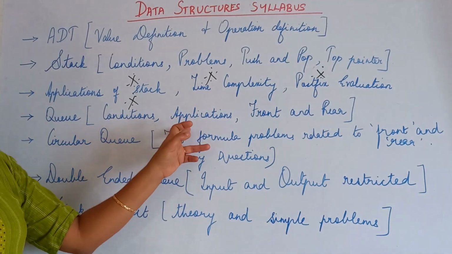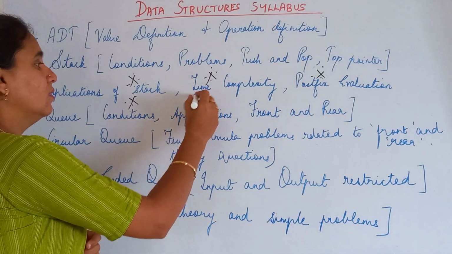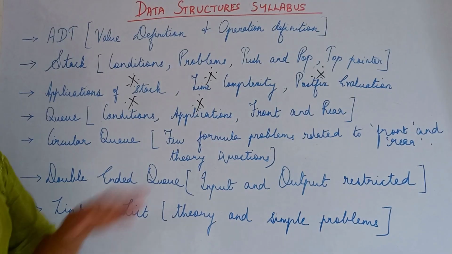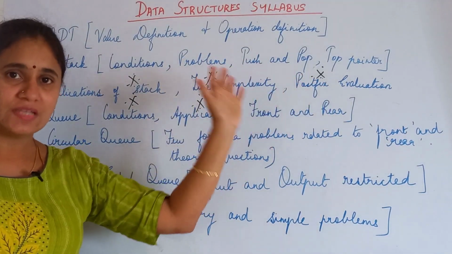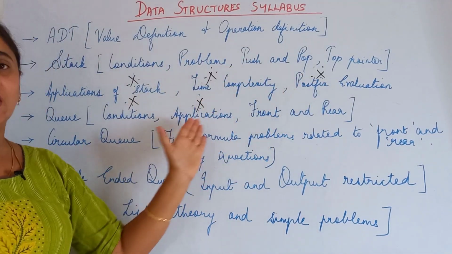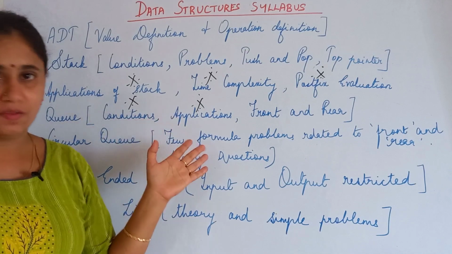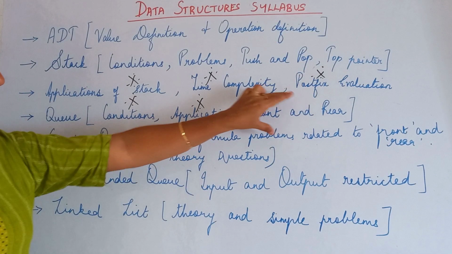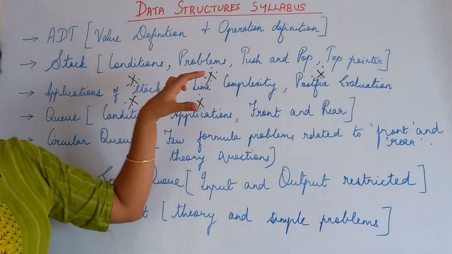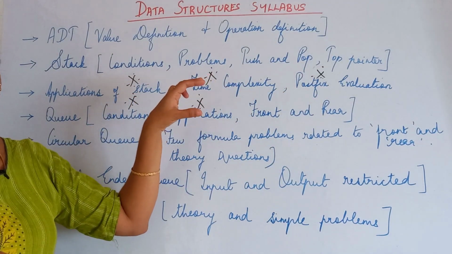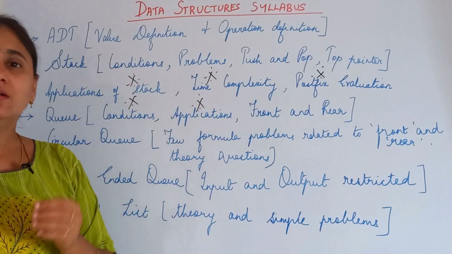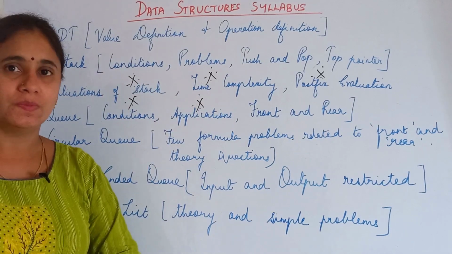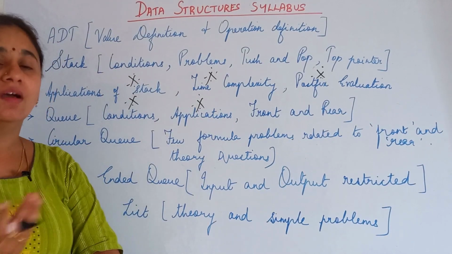Another very important thing is applications of queue. What are all the points that I have set for stack data structure, the same is going to be covered over here. Okay, so next is front and rear. In this, there are maximum chances for you to get only theoretical questions, friends. At the minimum, you may get some problems, which I will be giving to you.